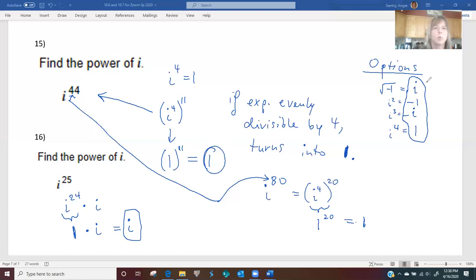I'm going to do 1 or 2 more examples. Actually, I'm going to do them right here in green or something. Okay. What if I had i to the 38th? You see? Then you're going to say, well, could I split it into something that is evenly divisible by 4? How about a 36? And then how many more do I need to make 38? i squared.